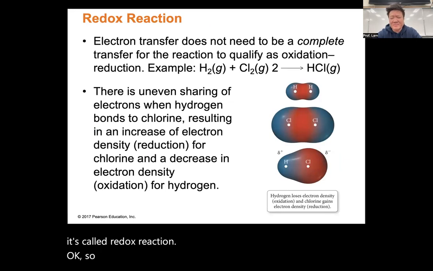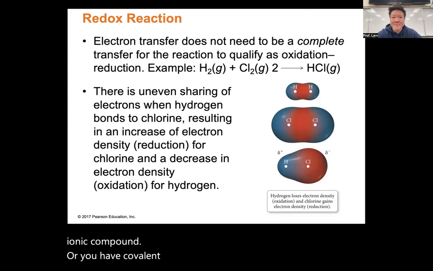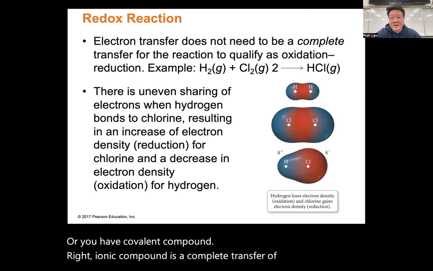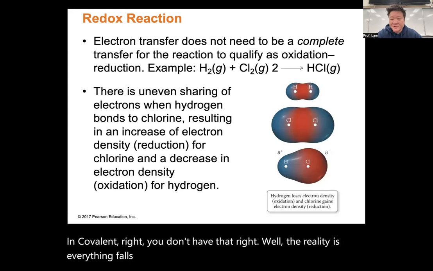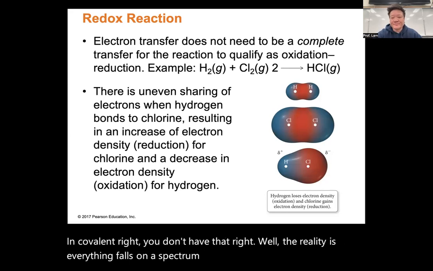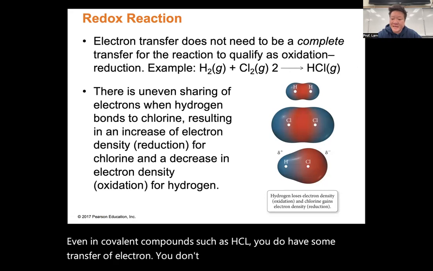So far we've made it very black and white as far as you have ionic compound or you have covalent compound, right? Ionic compound is complete transfer of electrons, right? And in covalent, you don't have that, right? Well, the reality is, everything falls on a spectrum, okay? So even in covalent compounds, such as HCl, you do have some transfer of electron. You don't get a complete gain or loss, but you have a transfer of electron.